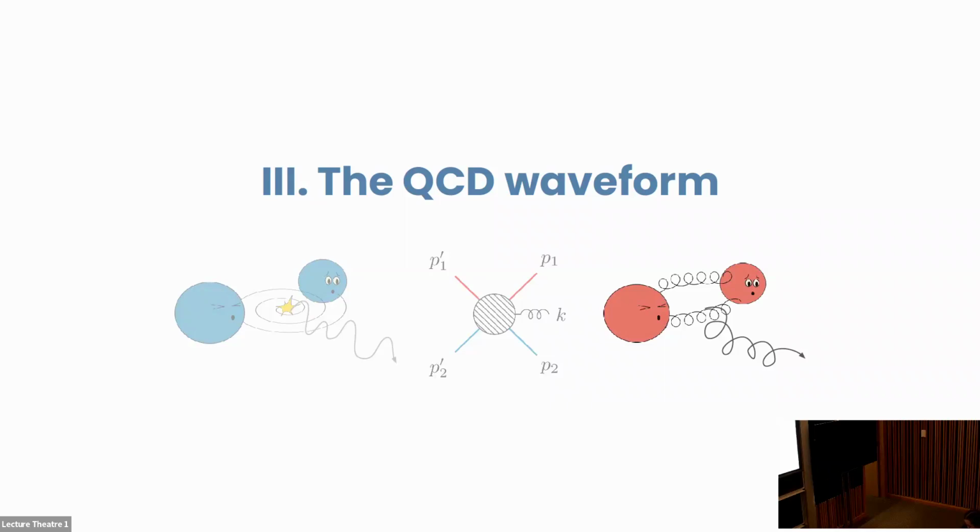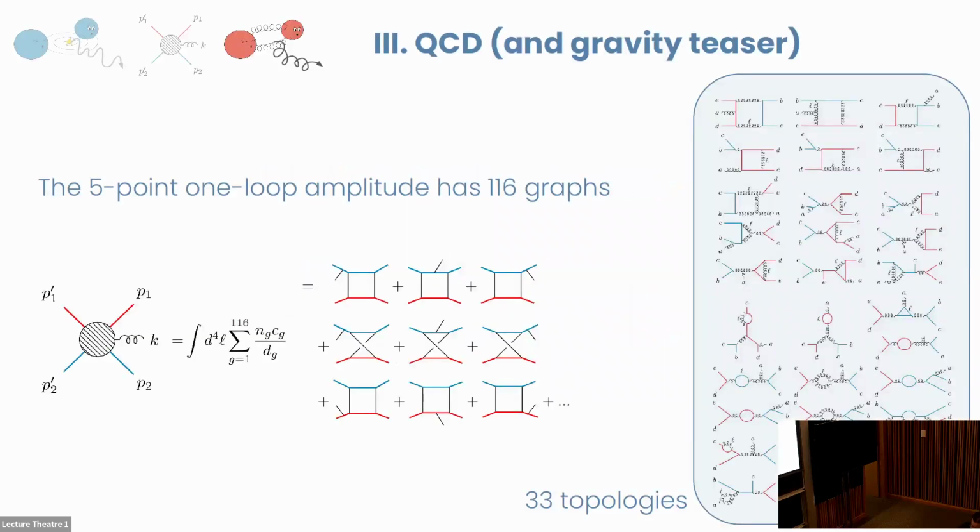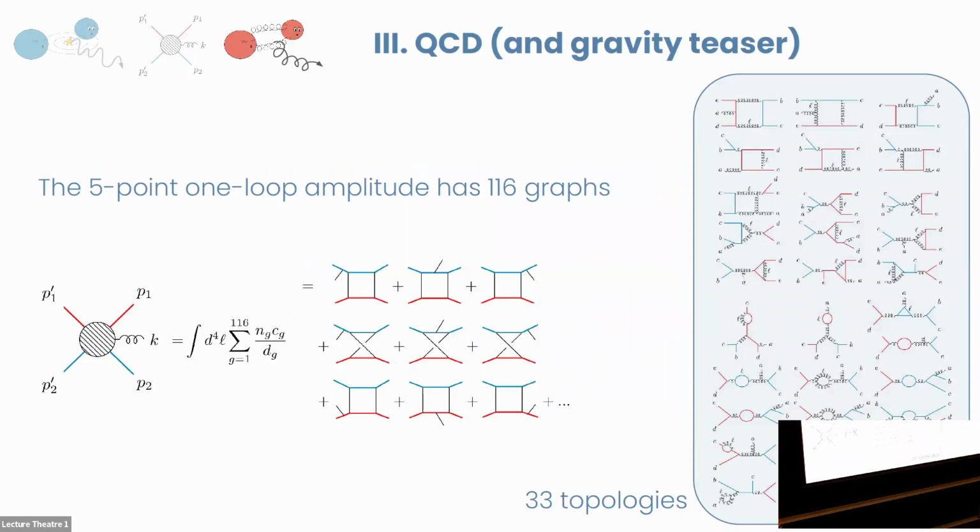Hold on. Okay, so now we have the gravity ingredient, but we also have the QCD ingredient. So let's take a quick look at how we plug this back in. And I apologize, I realize this looks a little bit messy, but it's also to give you the sense that this is a lot of graphs and expressions that we're talking about.